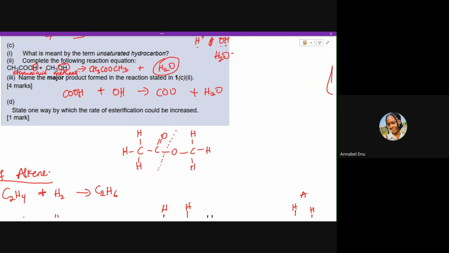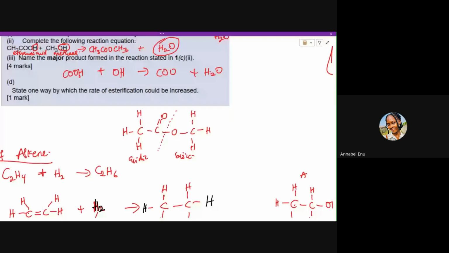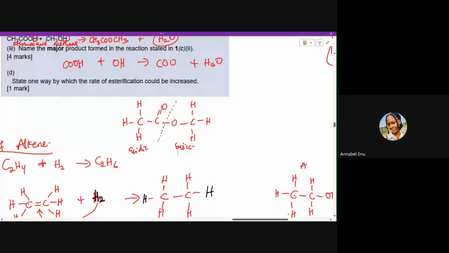Okay, so the CO was donated by the acid. So this is the acidic part and this is the basic part. Okay, so the rule is to name first the part after the O. So you look for the functional group first. This is the functional group COO, and then you find a way to demarcate it such that one of the oxygens is named with the rest of the compound, and the other oxygen with the carbon is named with the rest of the compound.